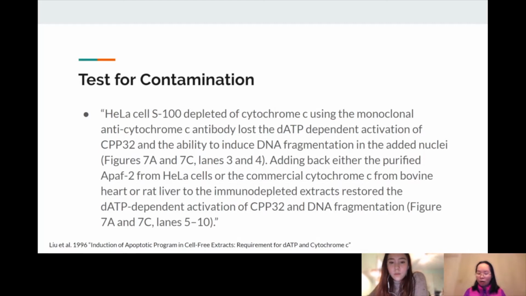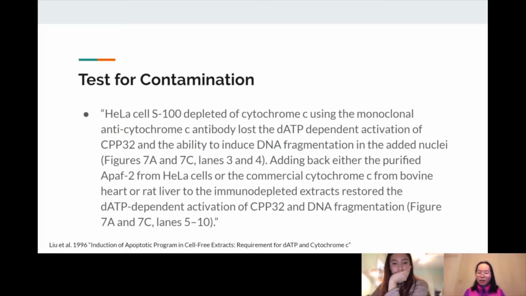So you can see how they started with a hypothesis that they're going to find something in the cells through their purification experiments that would be something involved in apoptosis. And then they took steps to try to figure out what exactly this was. First, through the spectrophotometric analysis to see what it is for cytochrome C, and then to see whether or not this is present in different cells.